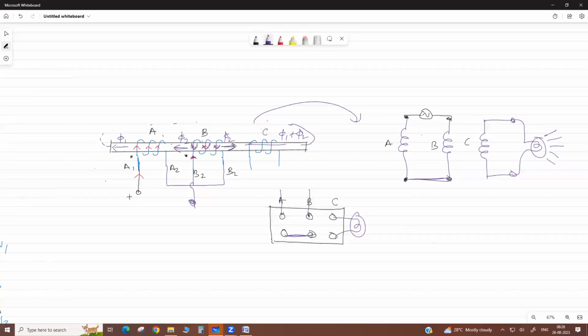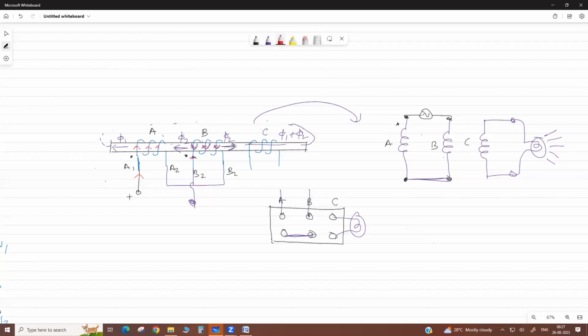It means this part and this part are dots, meaning they are supporting. Then we can find their terminals. This is A1 and this is B1 terminal. We can give the names if the lamp is bright.